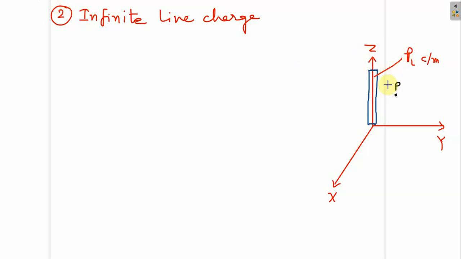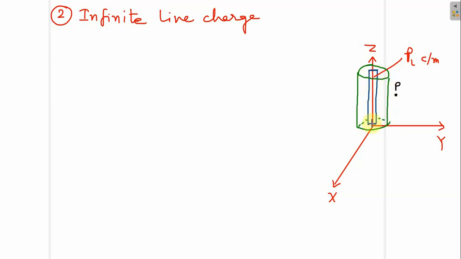So if we want to enclose this line charge, obviously which shape is favorable? We will have to draw a cylindrical surface, which would enclose it.